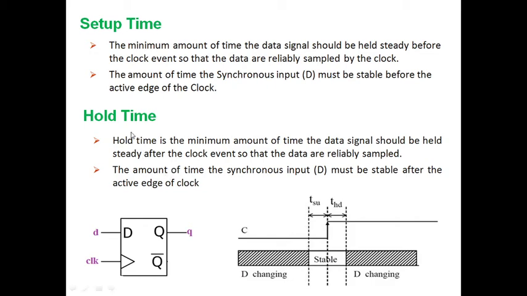Hold time is the minimum amount of time the data signal should be held stable even after the clock event. After the clock event, that means from logic 0 to logic 1, an event has taken place. After this event also your data signal should be stable for a certain amount of time, so that the data is reliably sampled.